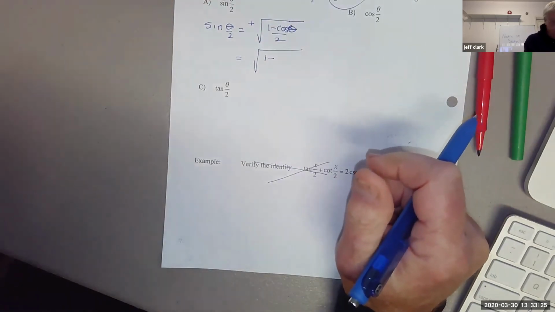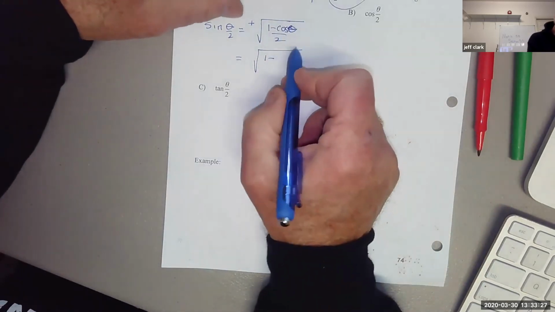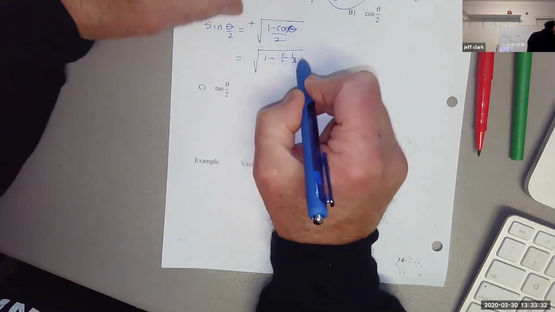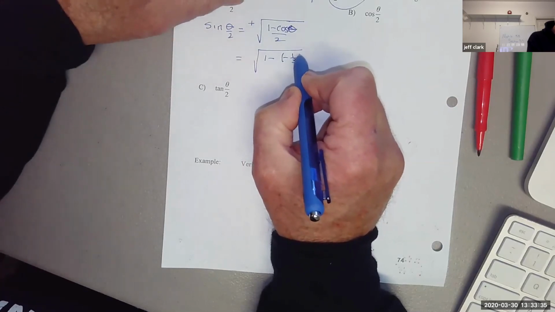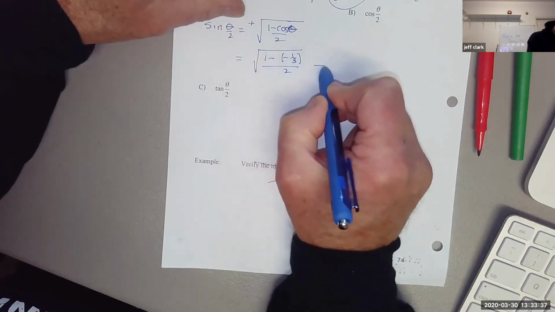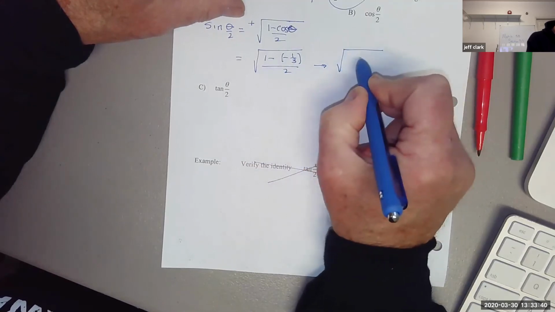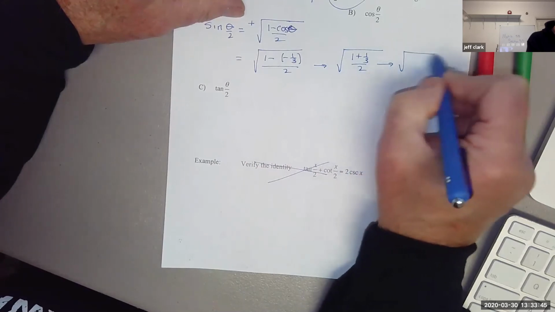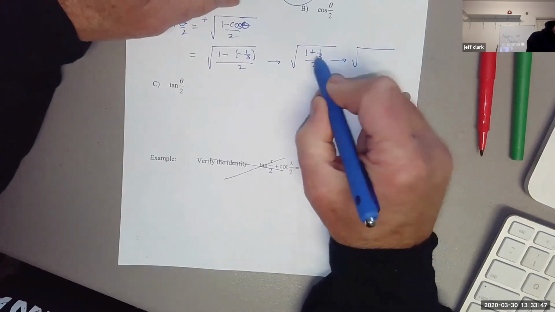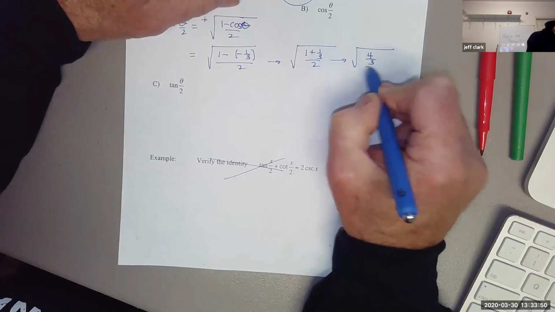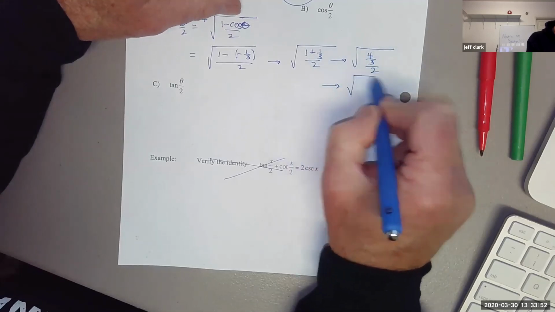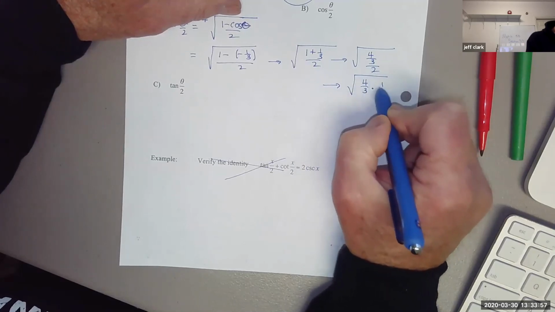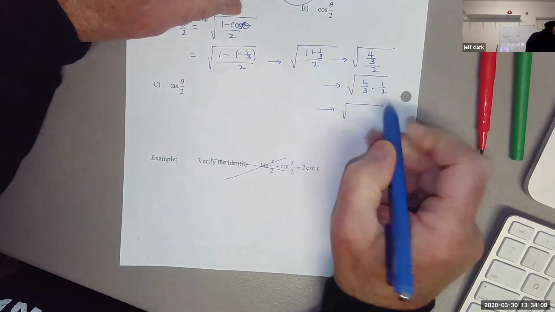Cosine theta is equal to -1/3, so 1 minus -1/3 all over 2, square root. 1 plus 1/3 all over 2, that's 3/3, that's 4/3 all over 2, square root. 4/3 times 1/2, square root.